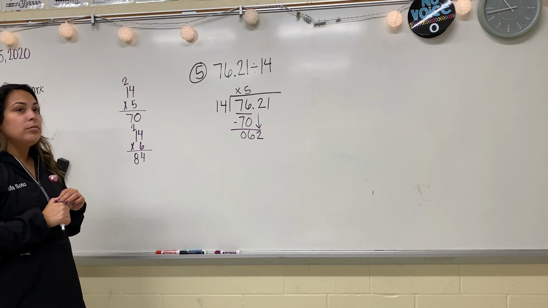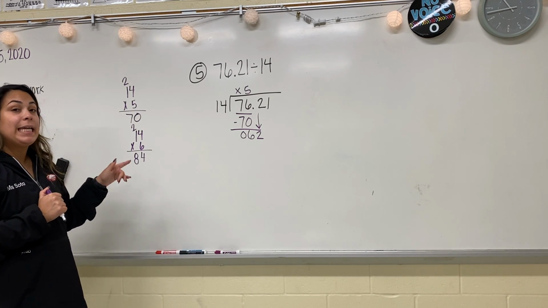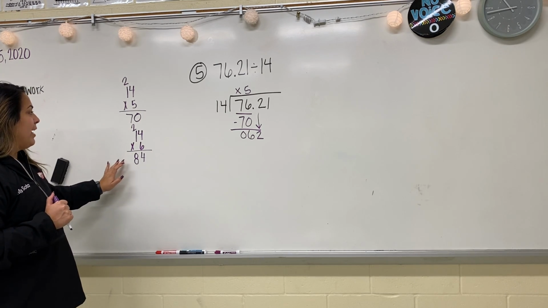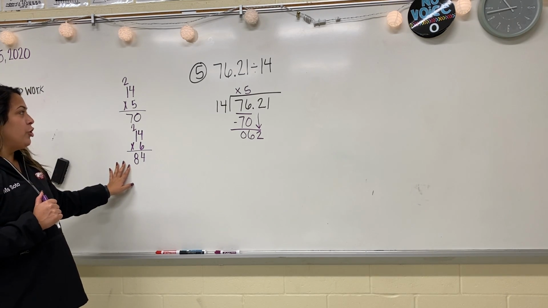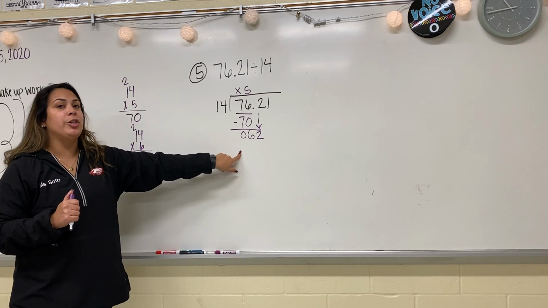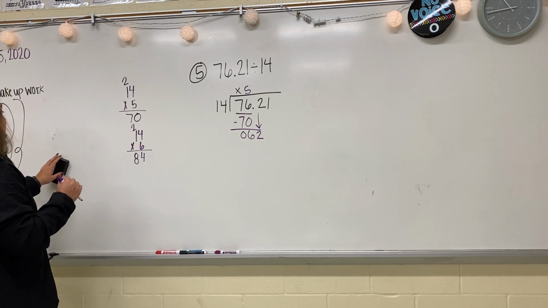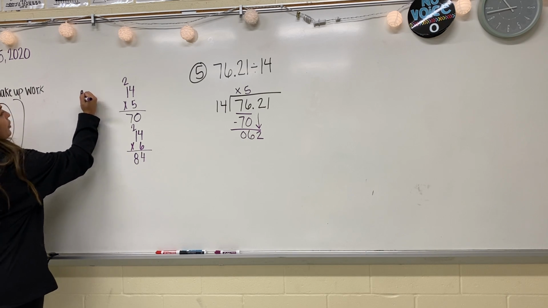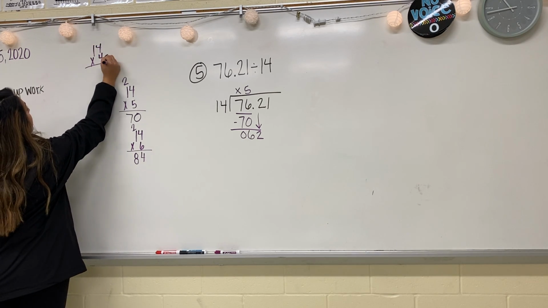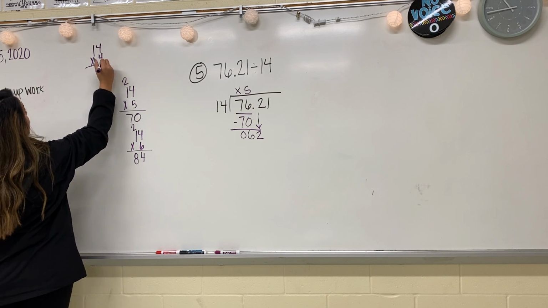All right, so now I need to figure out how many times 14 can go into 62. Well, I already have 5 and 6 up here. So if 14 times 5 is 70, and I want to get to 62, let me multiply by 4 now. So over here, I'm going to do 14 times 4. 4 times 4 is 16.